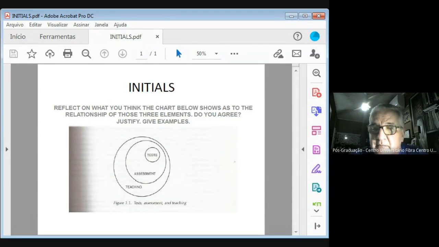And tell me, how many teachers make assessment of their own testing? I don't know anyone. I don't know if you know someone, but I don't know anyone. I haven't met a single teacher who could show me the statistics of a testing.